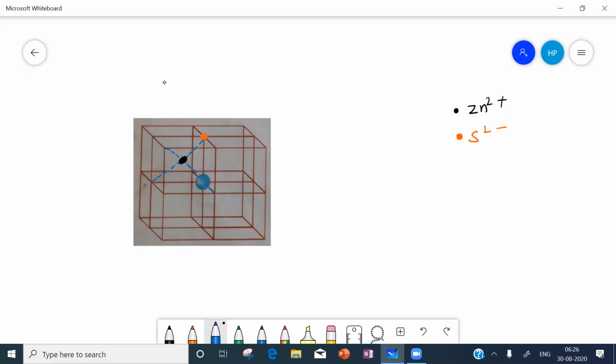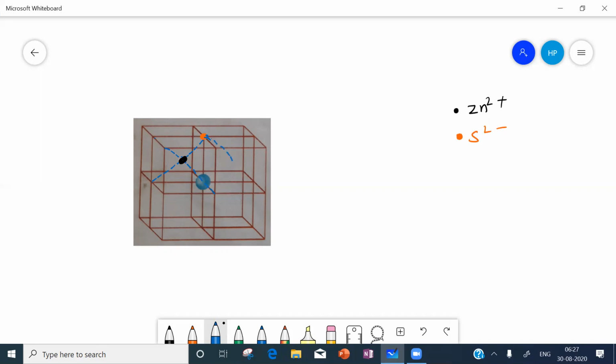From this we will draw a line to the center of the small cube.